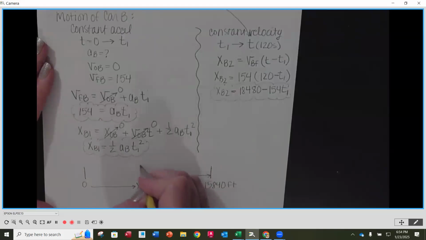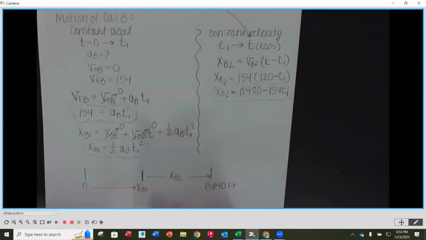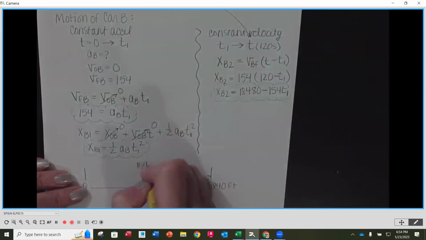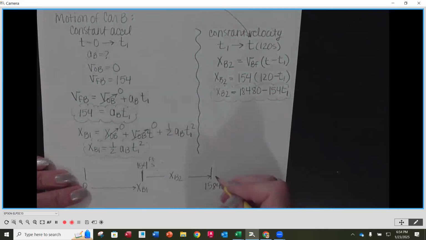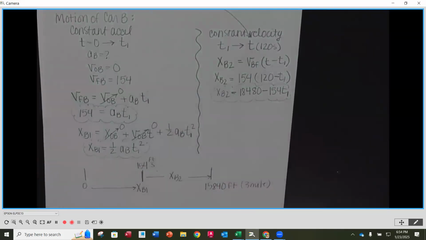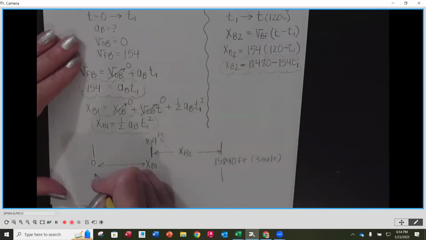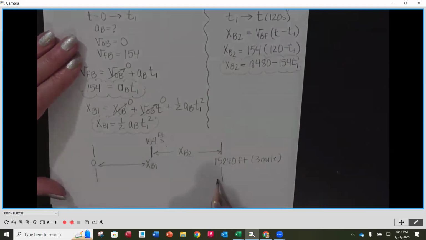So this was when our police car was at 0. This was when our police car was at 105 miles per hour. Actually, I'm going to put the feet, hold on, 154 feet per second. And then this is our 3 mile mark where we catch up to each other. Now from here to here, we know it's 3 miles.